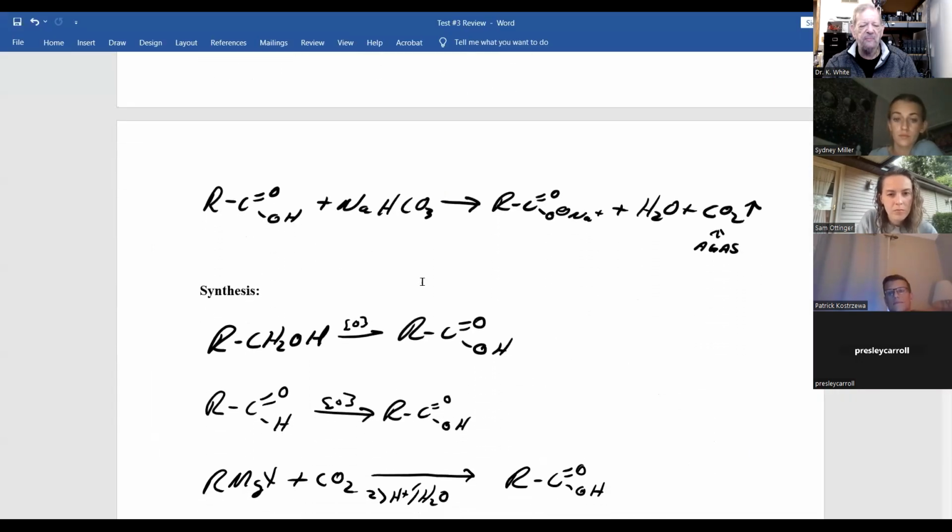All right, now a special base is sodium bicarbonate, and that's baking powder.